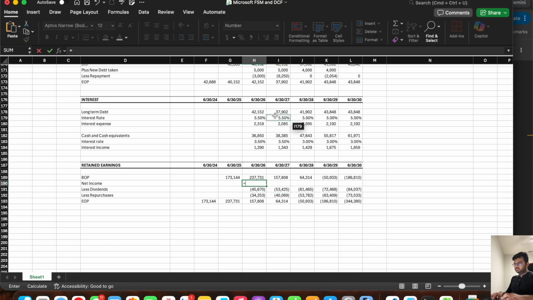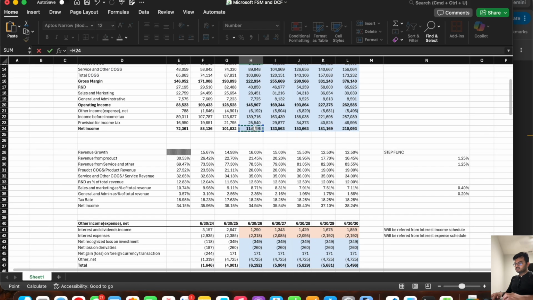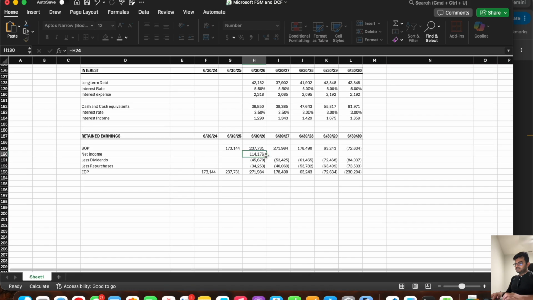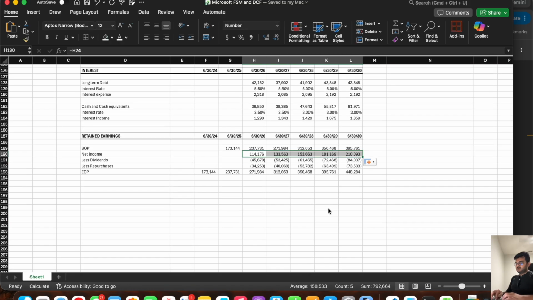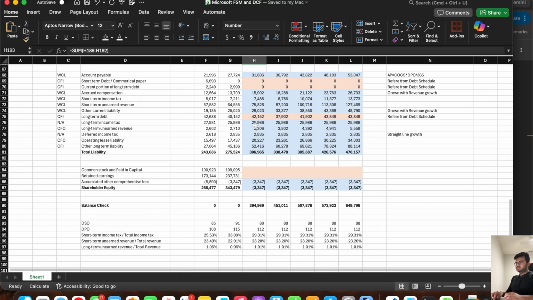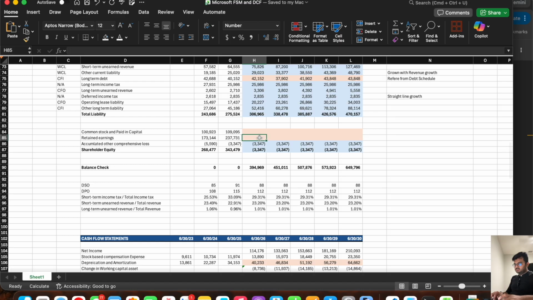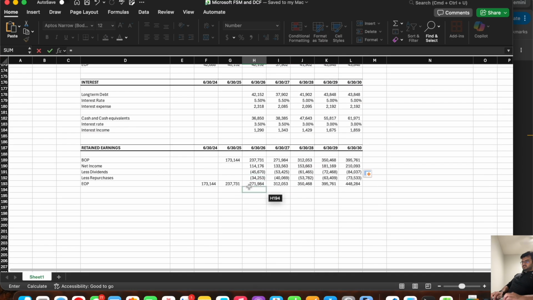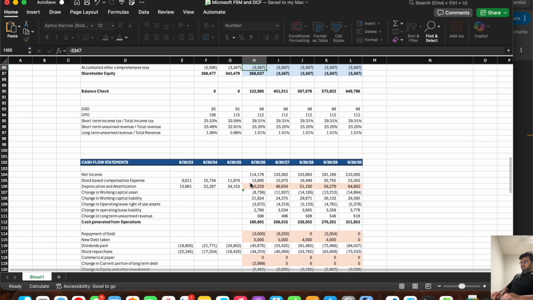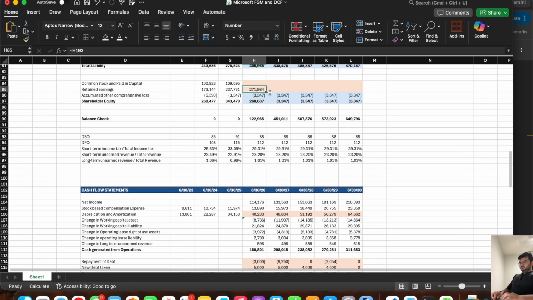Then finally net income from the income statement is this number. So now this is the end of period retained earnings. We'll just link this number. Retained earnings equal to this one, and link it.